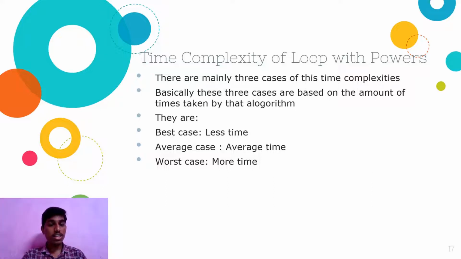In the best case, the least time is taken by the loop to execute the given code. The average case is the average time taken by the algorithm to execute, not so worst and not so best, and the worst case is the maximum amount of time the algorithm could take to run the program.